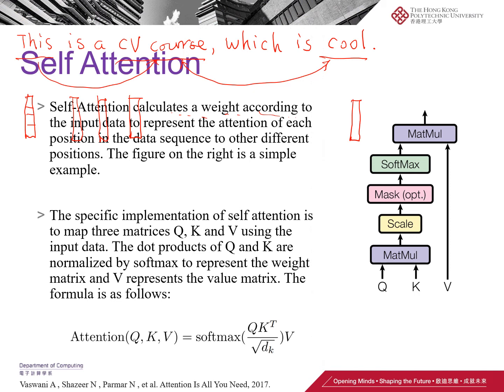So in that case, we can calculate for each word its correlation to other words. Because "this" is interconnected to the CV course, this connection will be stronger than others. Their correlation will be greater than others.